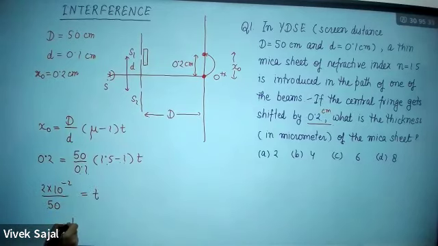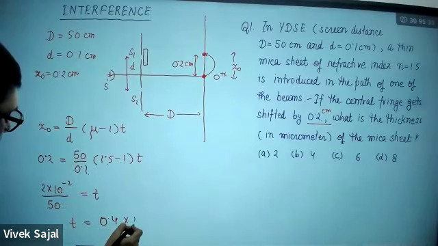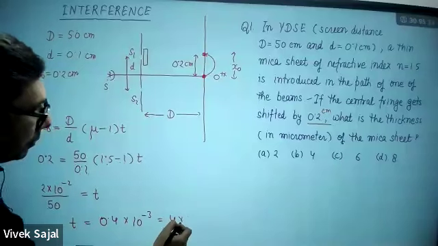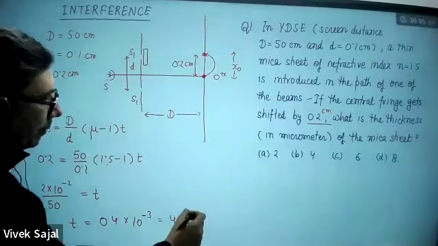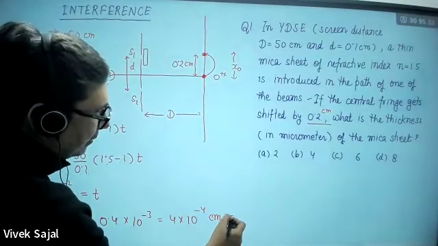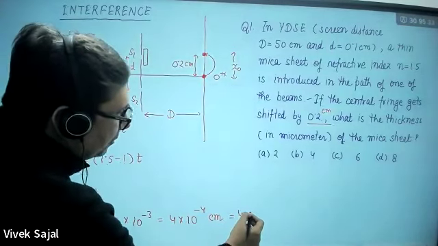So thickness t will be 0.4 into 10 to the power minus 3, or this will be 4 into 10 to the power minus 4 centimeter, and this will be equal to 4 micrometer.